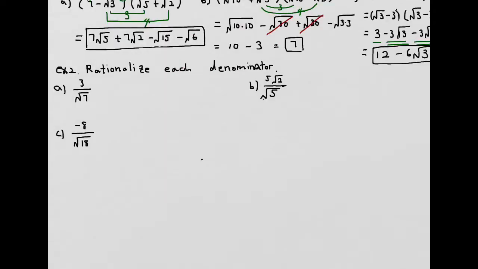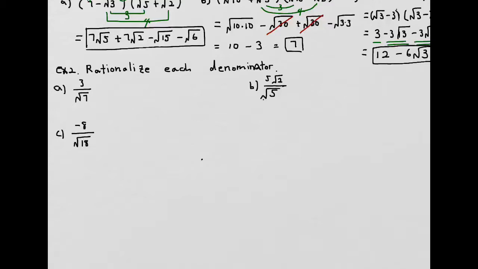Let's look at example 2. This time we're doing dividing. And we also call this rationalizing the denominator. Because when we look at this division, 3 over square root of 7, we cannot divide this because you have a square root.